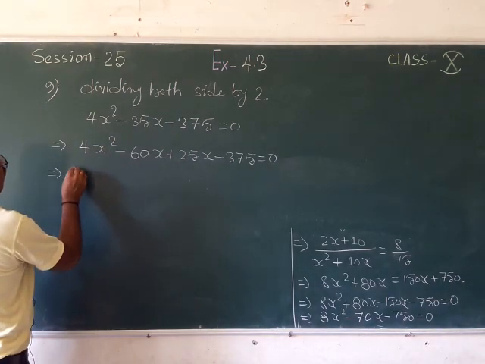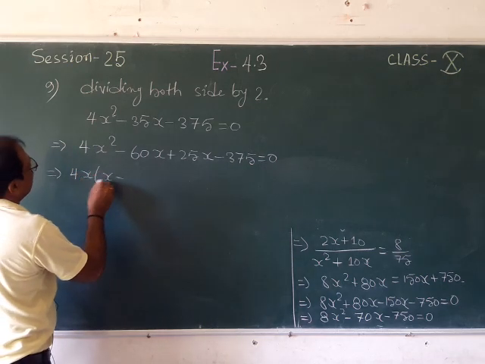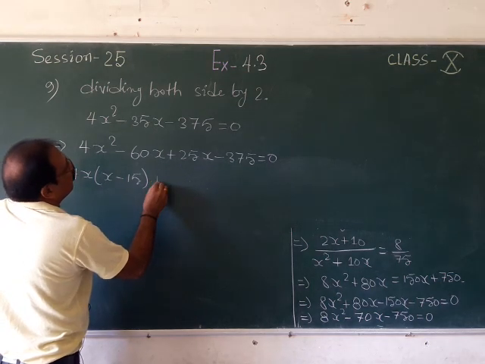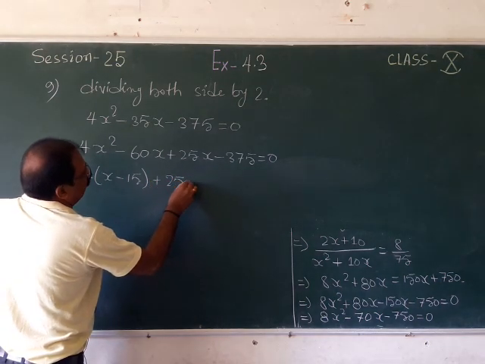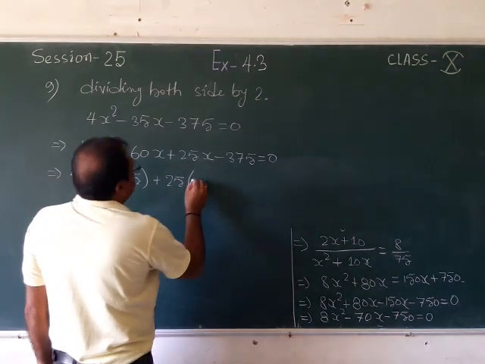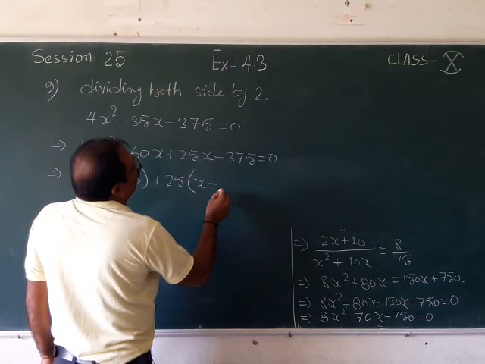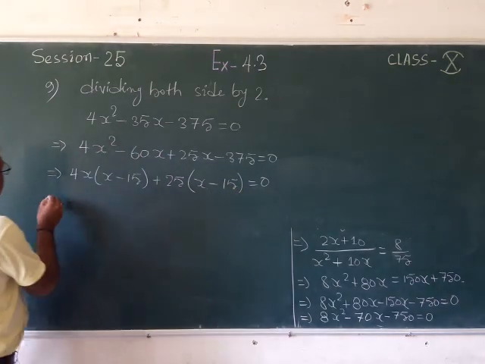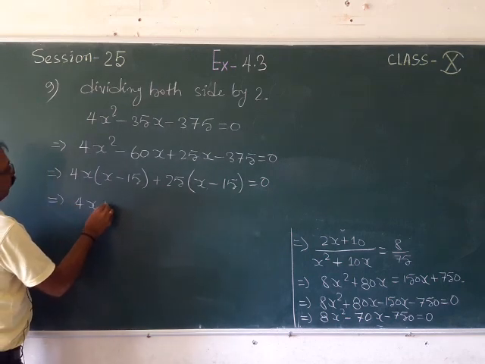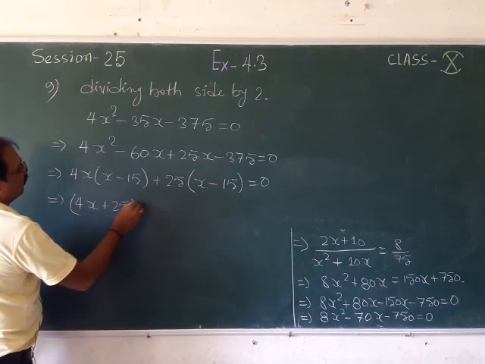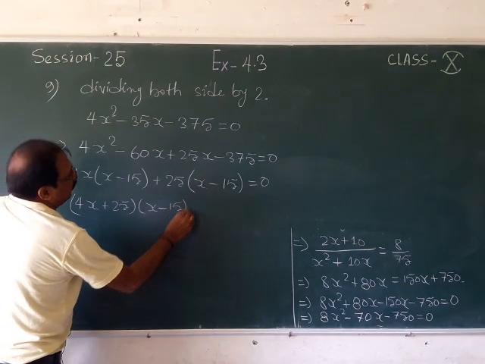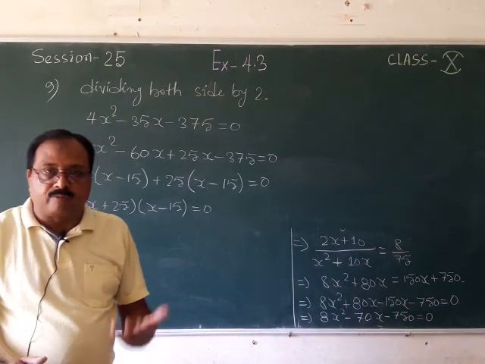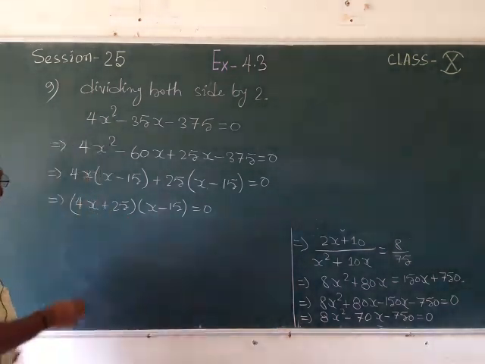So here 4x can be taken as common, so here x, and here 15 will be there, then here plus 25 can be taken as common because 25 can divide 375 by 15 times. Okay. Now you can see that it will be 4x plus 25 and x minus 15 equal to 0.